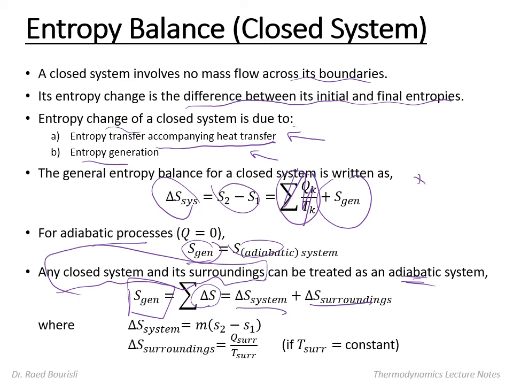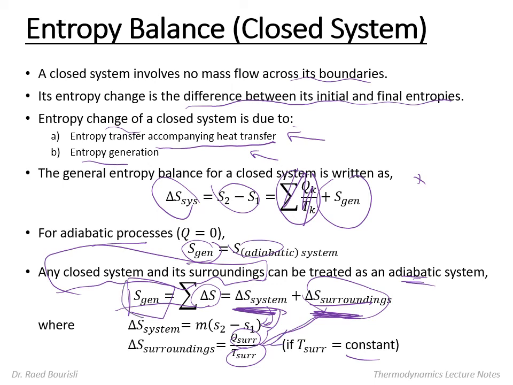For the system, I can get it using tables or whatever means I can. For the surroundings, I have no properties, but I know that this is just Q divided by T for the surroundings, if this is constant, or else I'll have to complicate things and do some integration. So Sgen is equal to delta S for the system plus delta S for the surroundings.